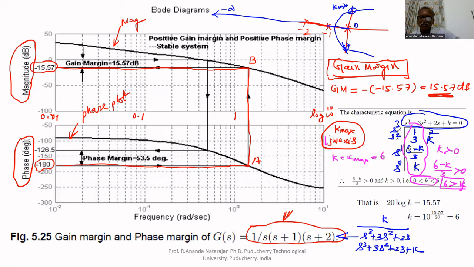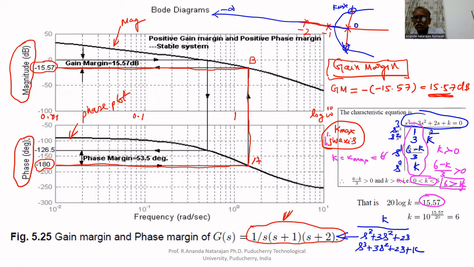The same can be found from the gain margin. The gain margin is 15.57 dB. If we increase the gain of the system by this much, then the system will be on the verge of instability. That is in logarithmic scale, that is decibel scale.